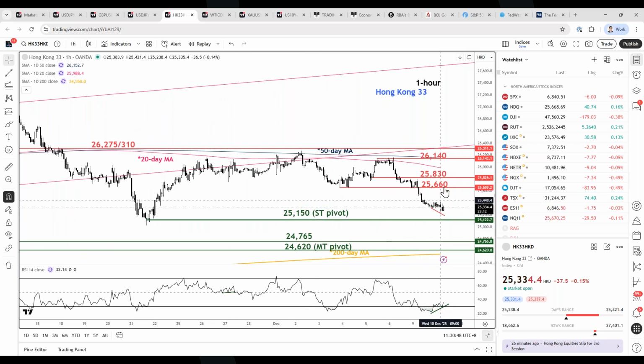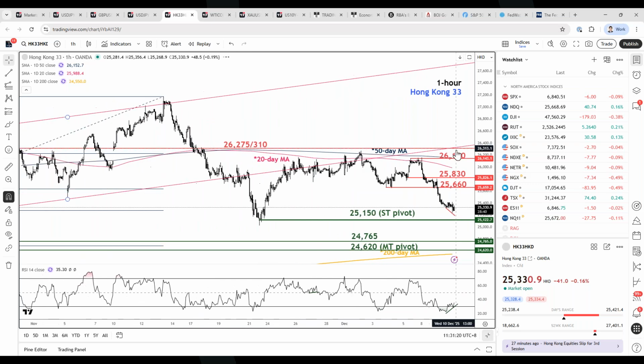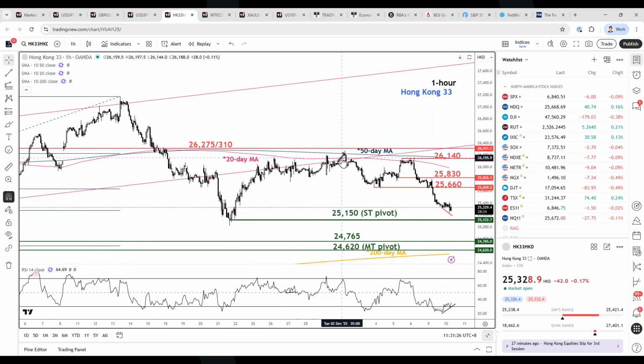Bounce resistance level to watch out for is 25,660, which was the former minor support level from 3rd of December and 8th of December, Monday, taken down yesterday, / 25,830 level, which is also very close to the 20-day moving average. So this will be the bounce resistance to take note of over here. Definitely, in order for the bounce to have better traction going forward, it has got to clearly break above 26,275, 26,310, which is also the former minor ascending channel support level drawn from the low of 10th of October and got rejected a couple of times since 2nd of December and as well as 5th of December on last Friday.